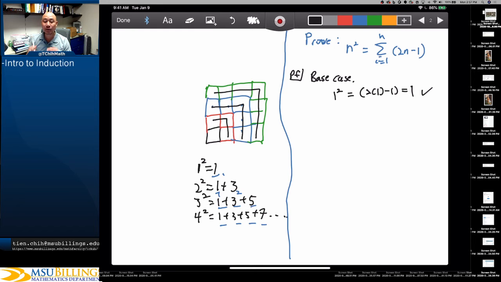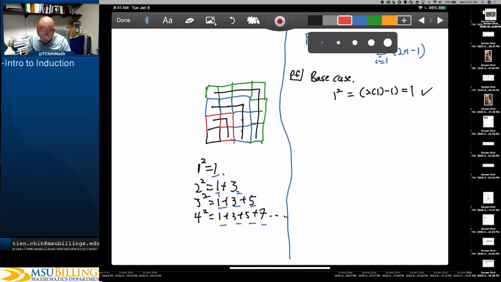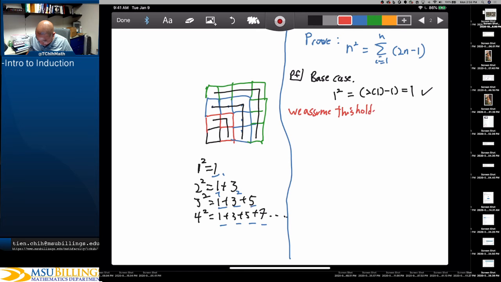And so now we want to assume the kth case of this argument. So I'm going to go ahead here and say we assume this holds when n is k.